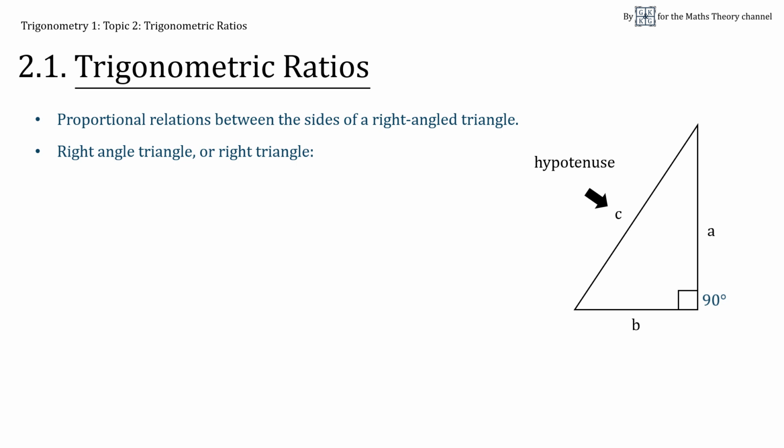Now you will find that, conventionally, the term right-angled triangle could be abbreviated to this or this. But since this is a bit more of a modern convention, we will be using this to describe a right-angled triangle from now on. So in a right-angled triangle, there are three sides, A, B, and C.